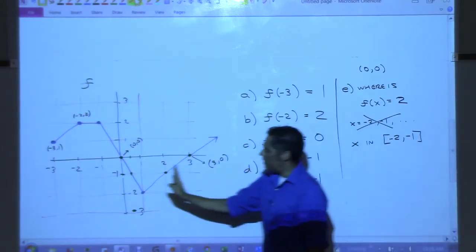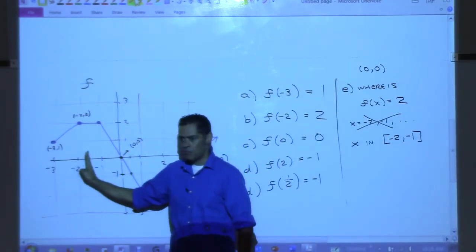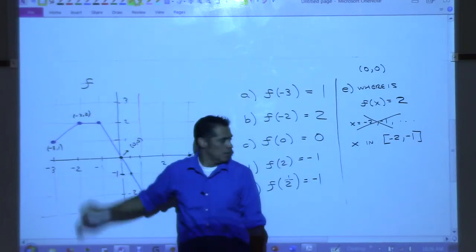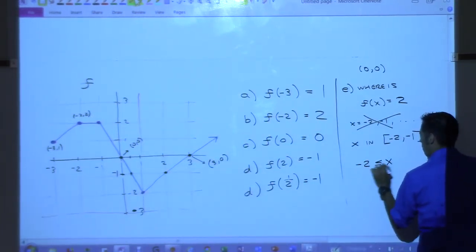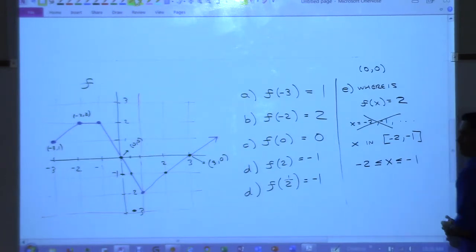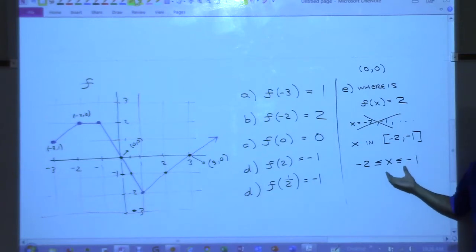If you pick any x between here and here, then the output's going to be 2. You could also write it this way: x between -2 and -1. If that makes more sense, if you've seen that notation, x has to be bigger than or equal to -2 and less than or equal to -1. But this is an infinite number of answers, as opposed to the previous one, where we had one answer, and the one before that, where we had 2.